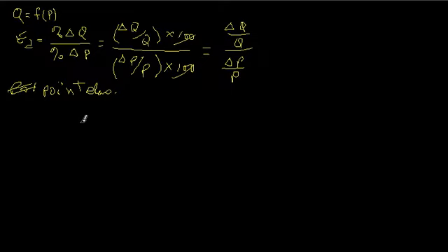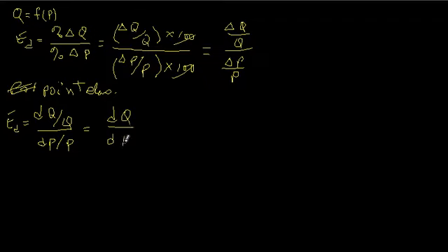And now that we're well into calculus, we know that we can look at this expression and see that in terms of instantaneous or very small changes, the point elasticity of demand is dQ over Q divided by dP over P. And from what we learned about total differentials, we know that we can do some algebra on these so that the point elasticity of demand is dQ/dP times P over Q.